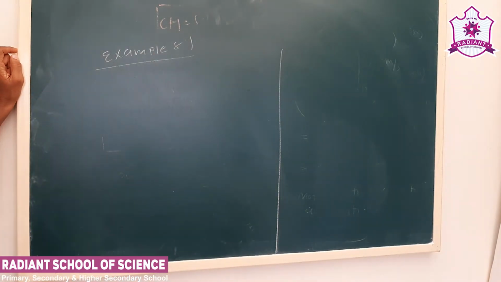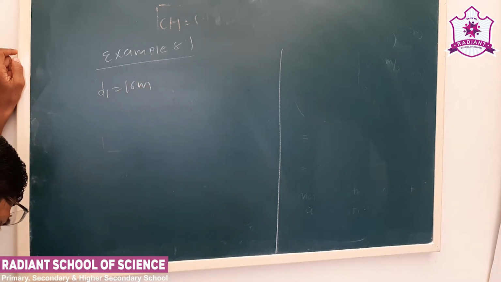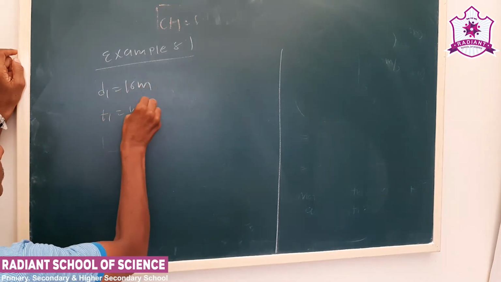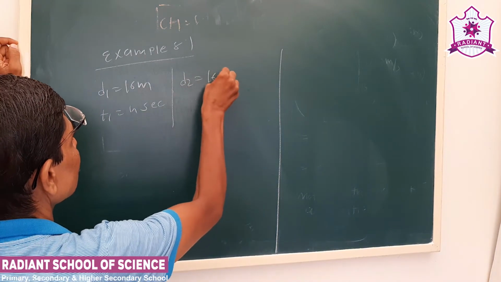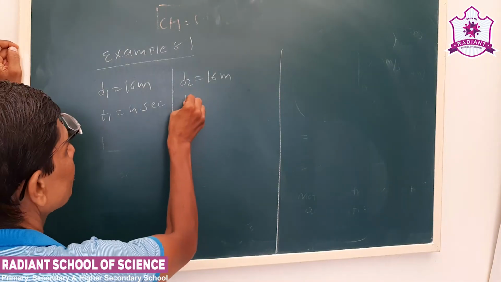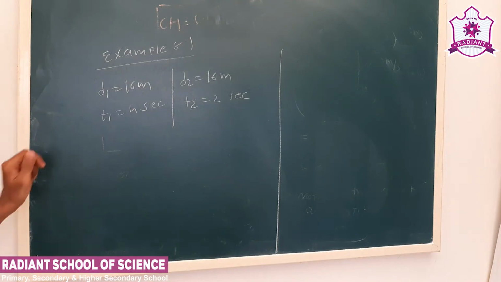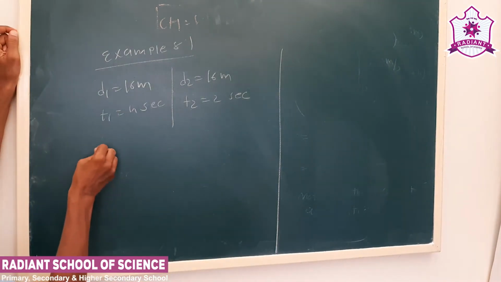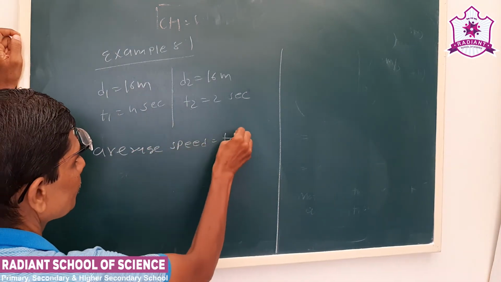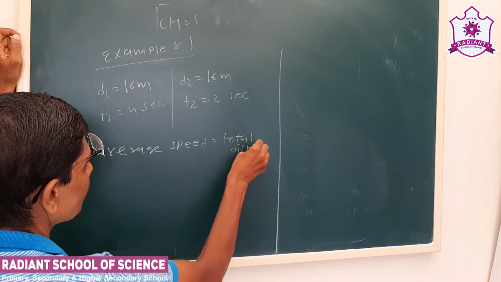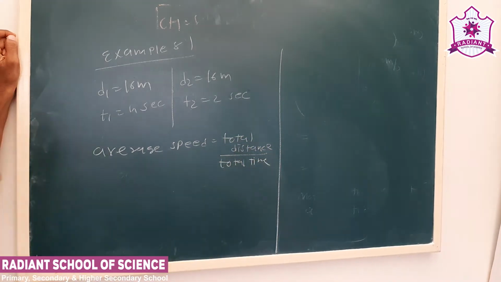Okay. Now see, an object travels 16 meter in 4 seconds and another 16 meter in 2 seconds. What is the average speed? Now see, the average speed is total distance upon total time. Now what is total distance?